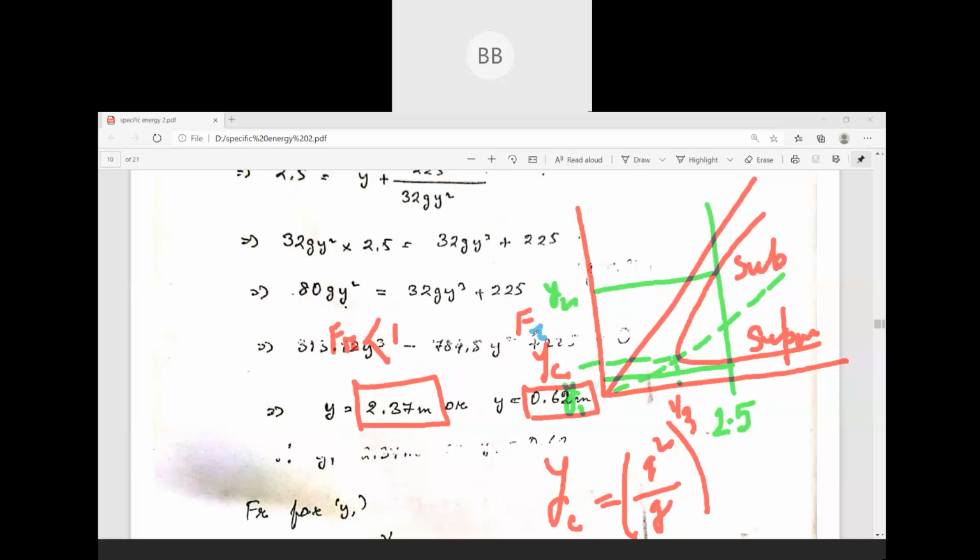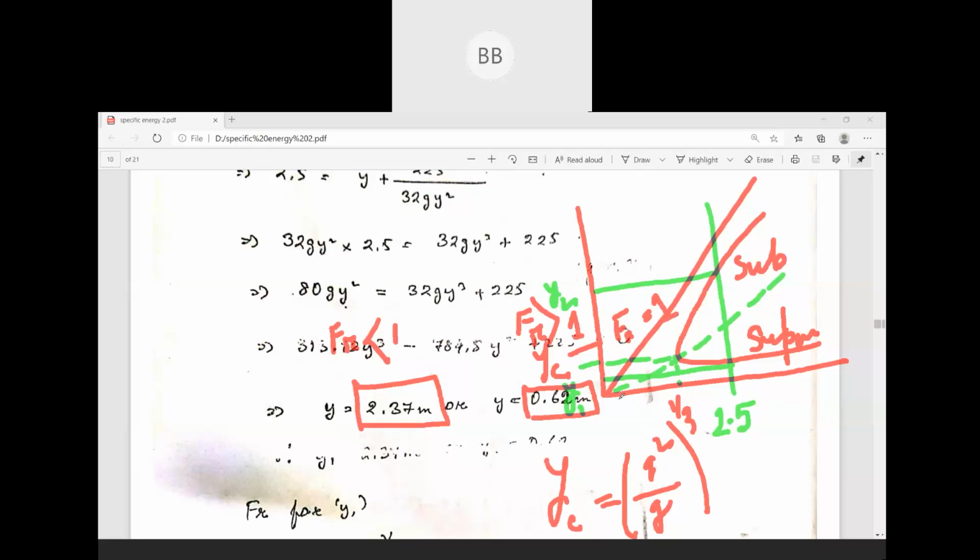Fr is greater than 1 for supercritical, and for critical depth, your Fr is equal to 1. So our first objective is completed, to find the alternate depth.